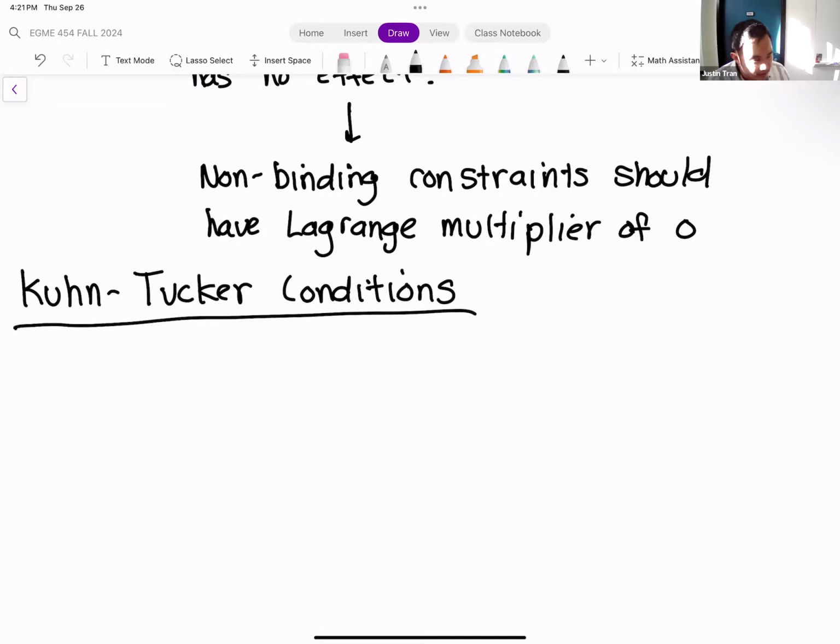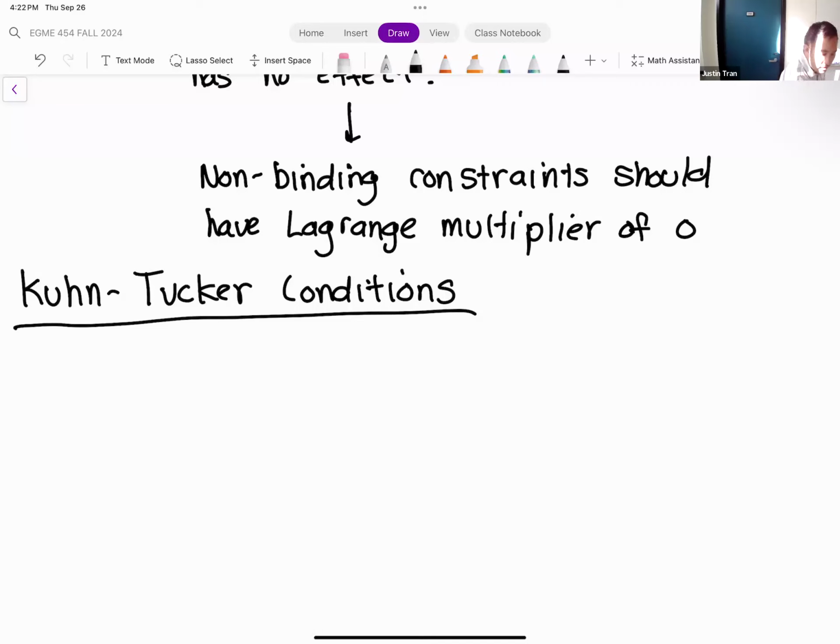Let me preface this by saying that there are a lot of variations on the Kuhn-Tucker conditions. There are other people who tack their names onto this because people have modified it for certain situations. So if you look this up, you'll probably get a very long Wikipedia article with lots of different things and very complicated math. We're just going to use it in its simplest, purest form.